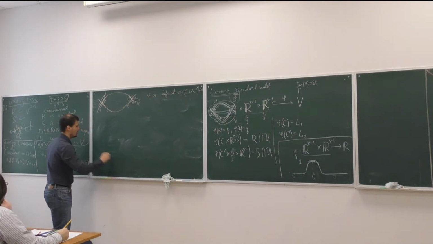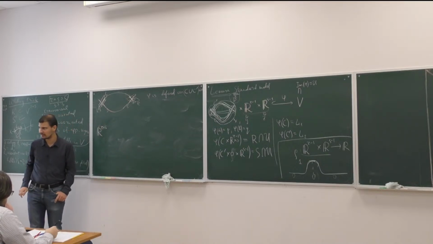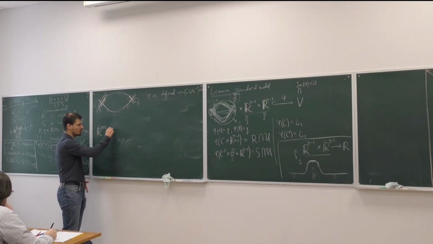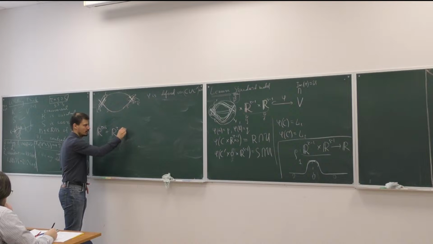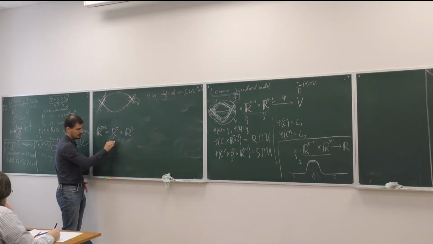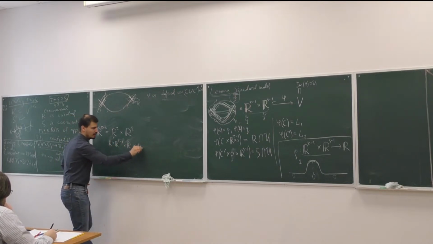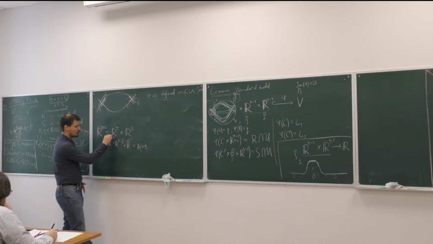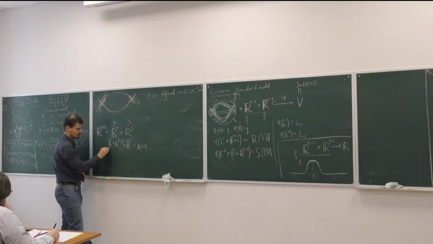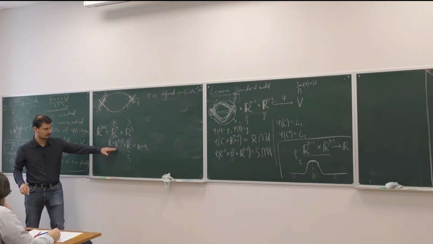We have our whole manifold is R plus S, which is decomposed as R cross S, and each of them is decomposed as, so this is R, this is S, this is A1, this is A2, and these are orthogonal.